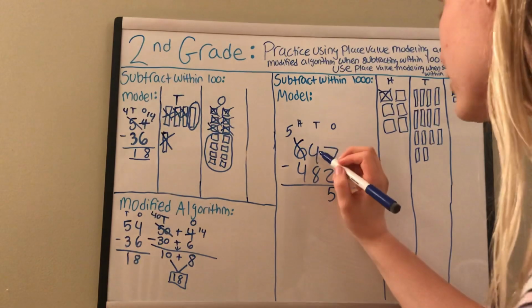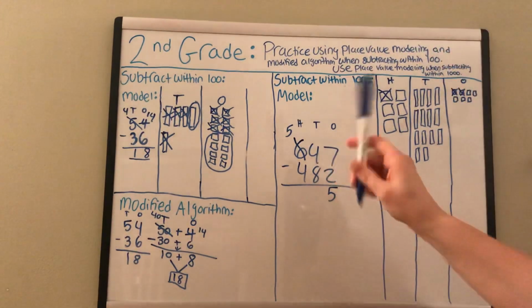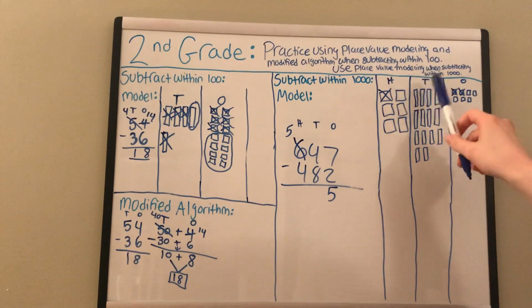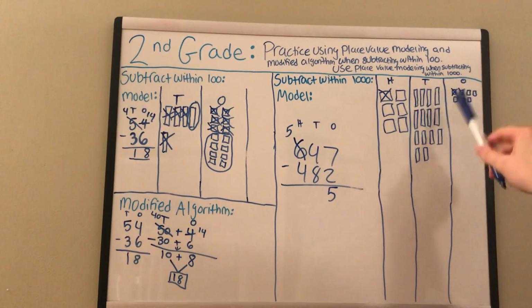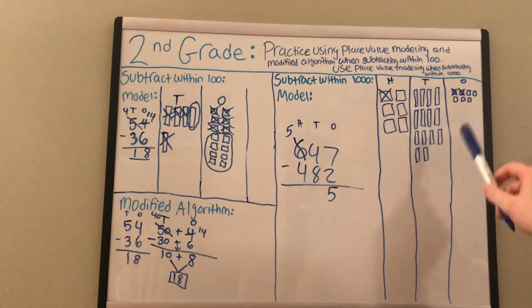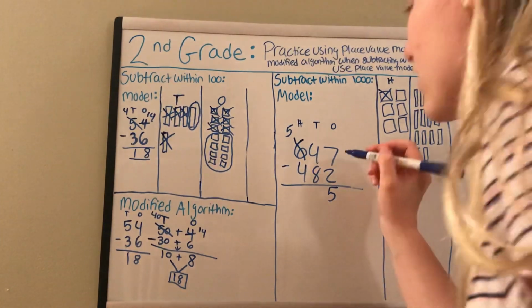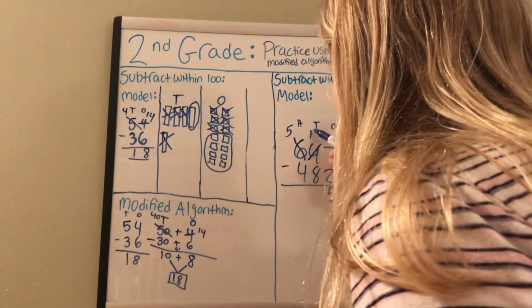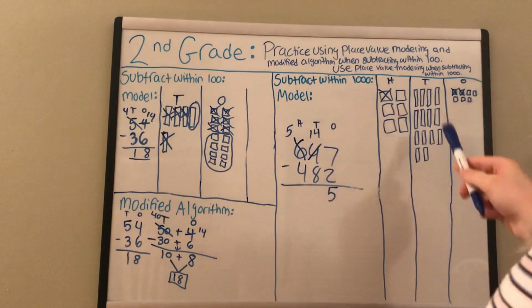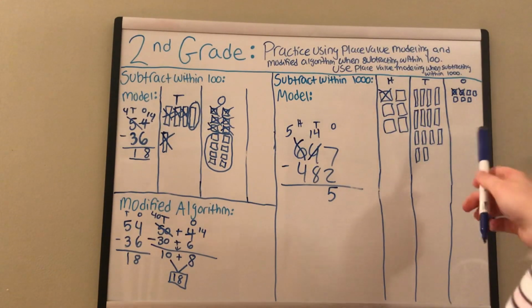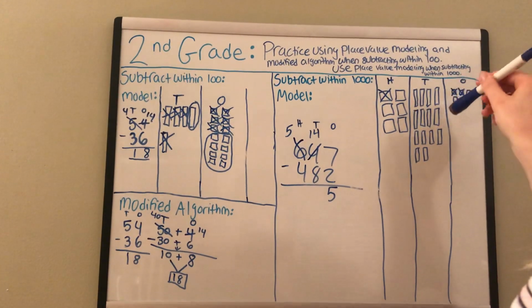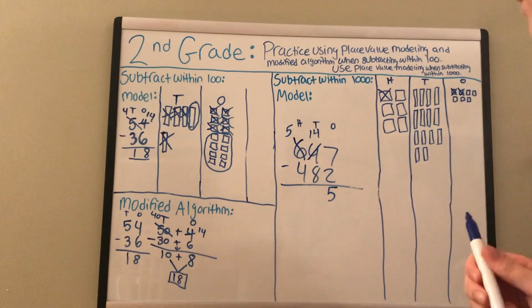And then we would go over to our tens column, and let's count how many we would change 4 to. 1, 2, 3, 4, 5, 6, 7, 8, 9, 10, 11, 12, 13, 14. We would change the 4 to a 14 because we took away 100, transformed it into 10 tens. So the 10 tens plus the additional 4 tens would make 14.